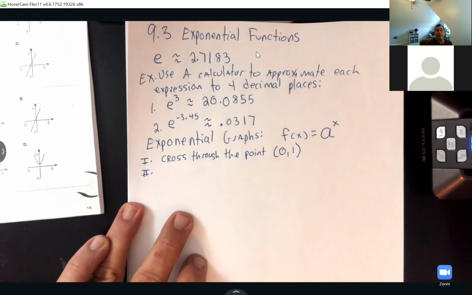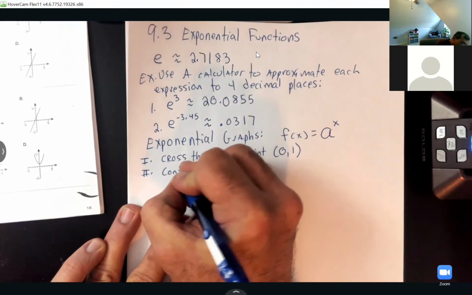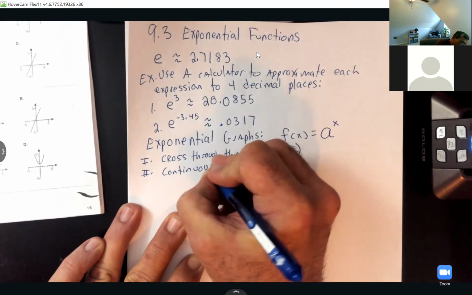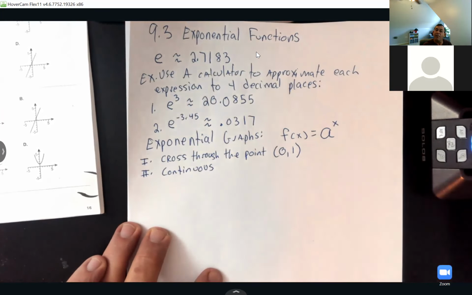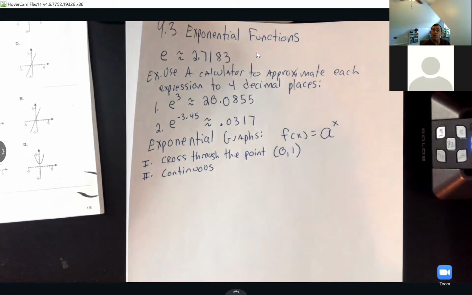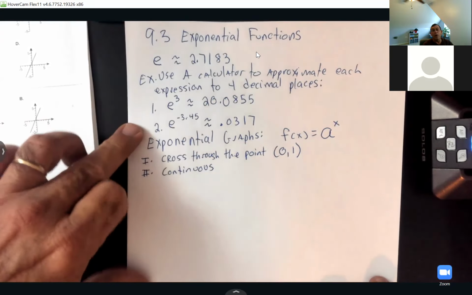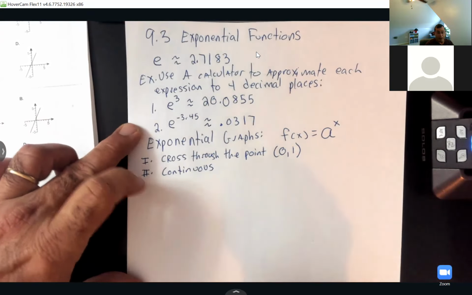Second thing we know about these graphs: they're continuous. What I mean by continuous is they have no places where they're undefined. They'll never have a vertical asymptote, or a hole in the graph.